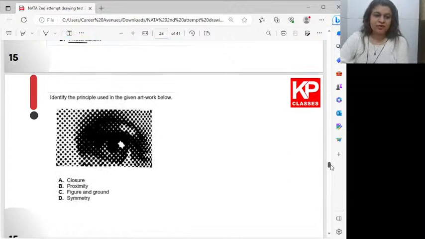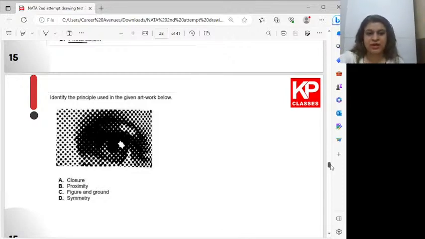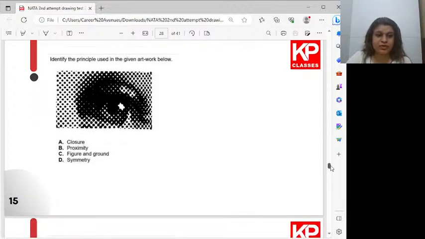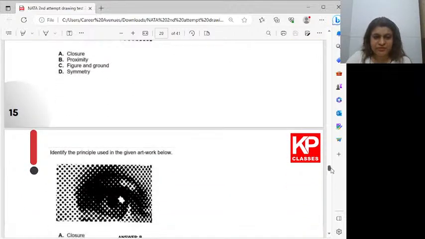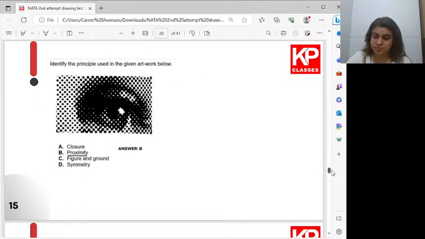Then we have a particular image over here. It comprises small dots, and if we look at it as a whole, then what the dots stand for looks like an eye. So definitely, there is the principle of proximity.